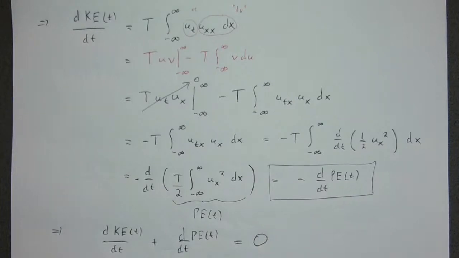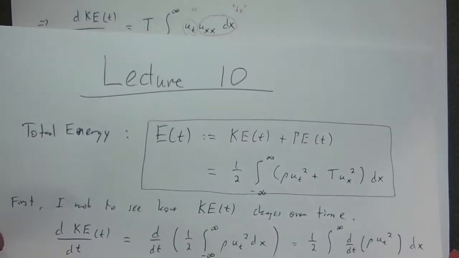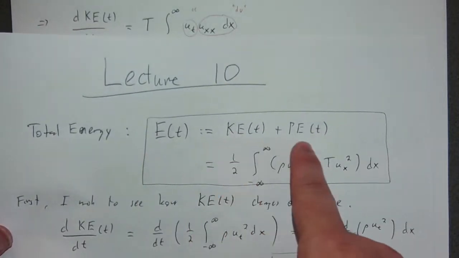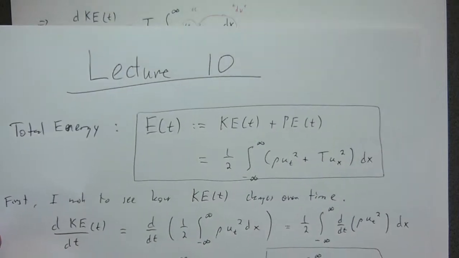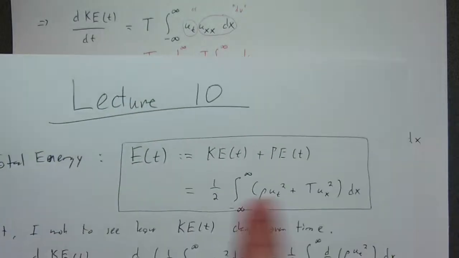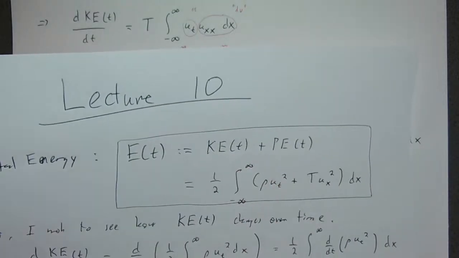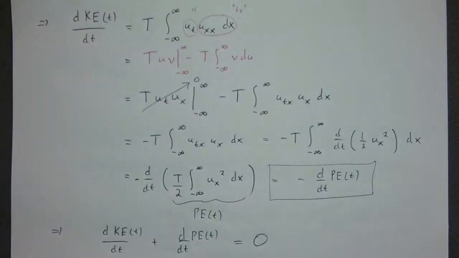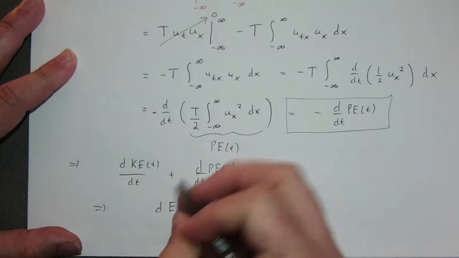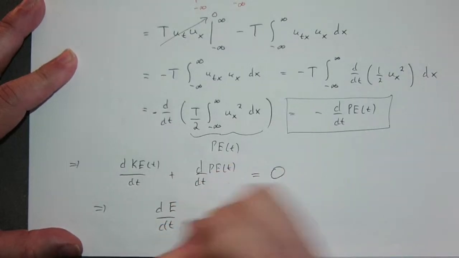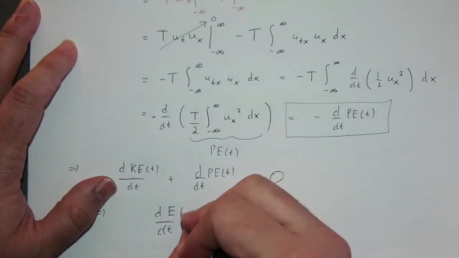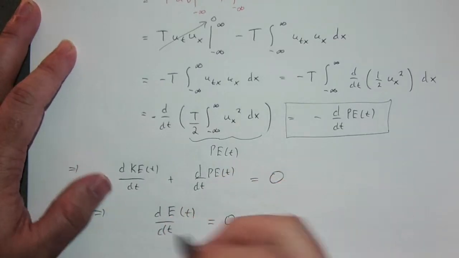But wait, the total energy was defined to be kinetic plus potential. And so really, since I showed that the sum of the derivatives of those things is equal to 0, and of course the derivative is a linear thing, then what I have really shown here is that the derivative of the total energy with respect to t is 0.